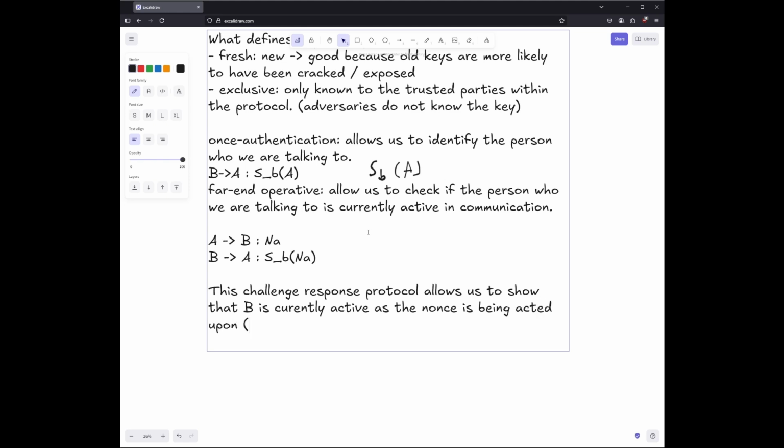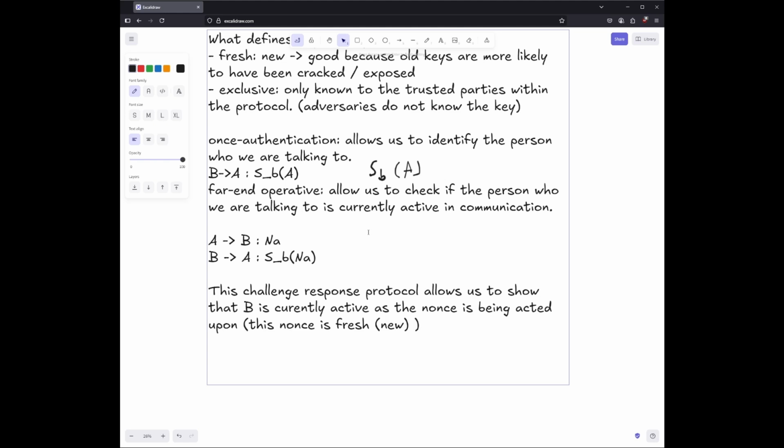And this nonce is fresh as well, which shows that it's new. So it allows us to then say, okay, cool, B's actually responded with the correct information in the small amount of time, because obviously B has to respond immediately. So that's how we can identify that B is currently active in communicating with us.